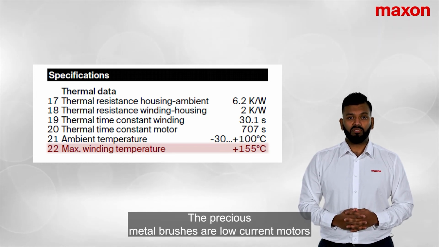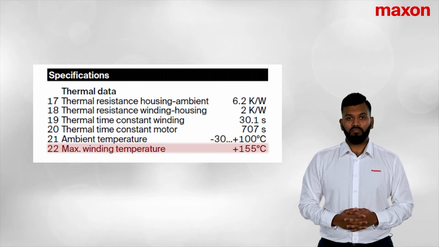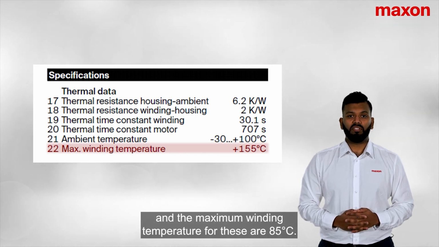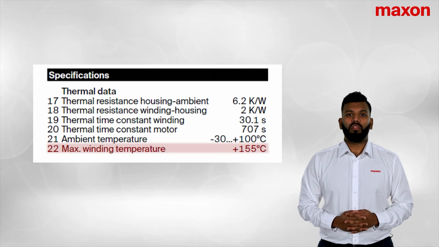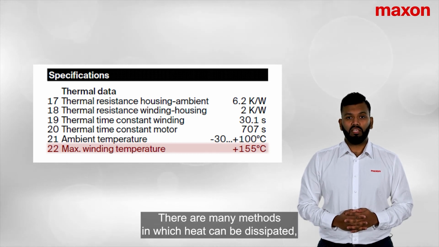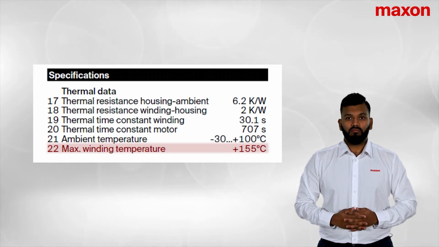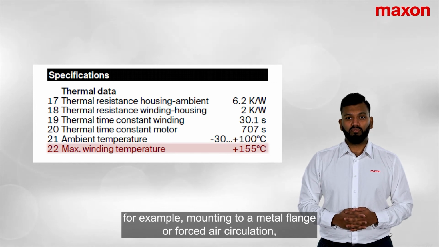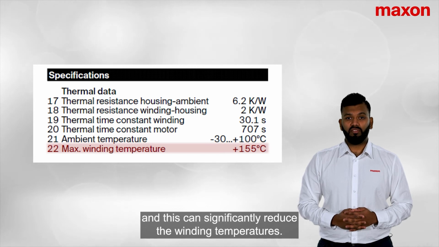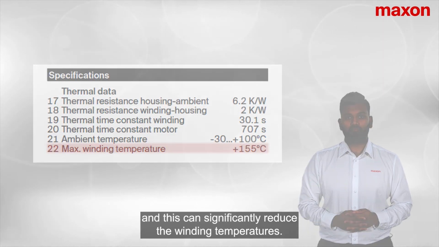The precious metal brushes are low current motors, and the maximum winding temperature for these is 85 degrees. There are many methods in which heat can be dissipated. For example, mounting to a metal flange or forced air circulation, and this can significantly reduce the winding temperatures.